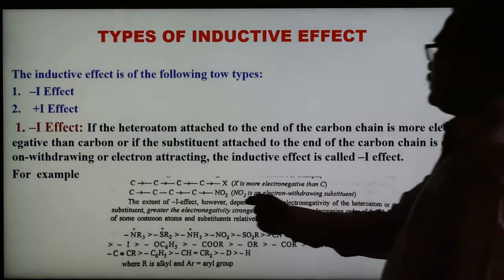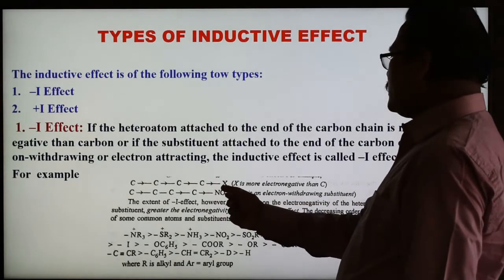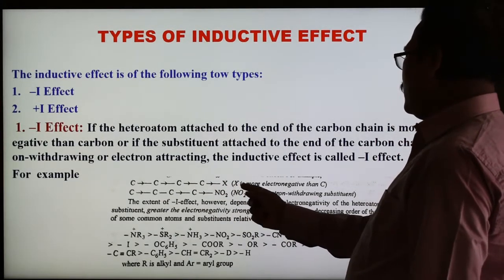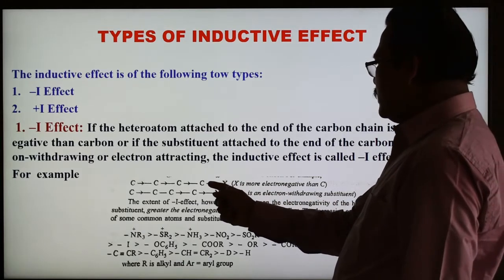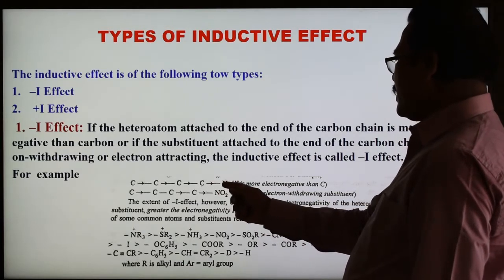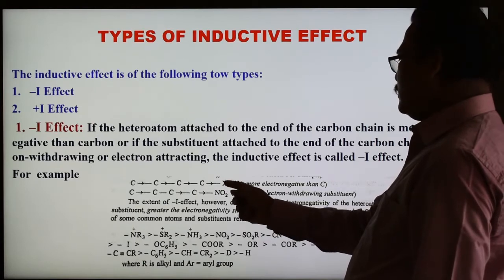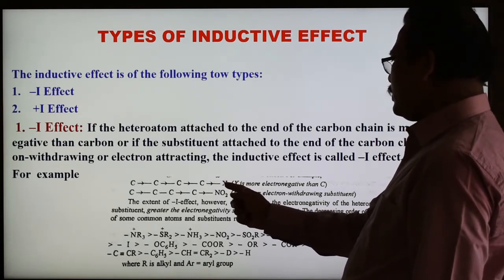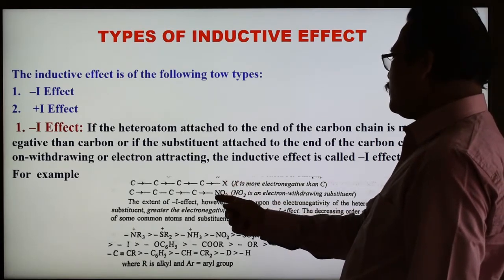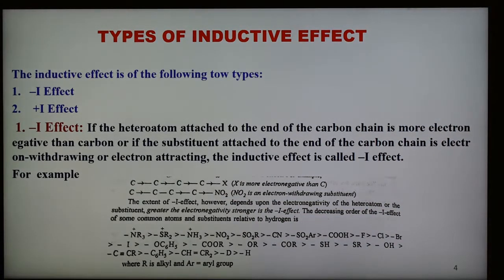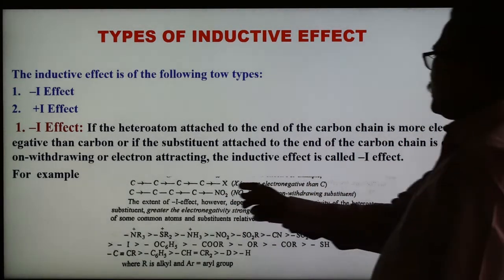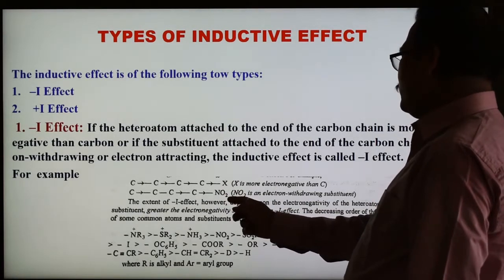For example, here is given, this is X, a halogen, which is more electronegative than this carbon, and therefore this electron pair is attracted by the halogen atom. So here we have taken halogen. In place of halogen we can also take the NO2 group. NO2 is an electron withdrawing group or substituent.